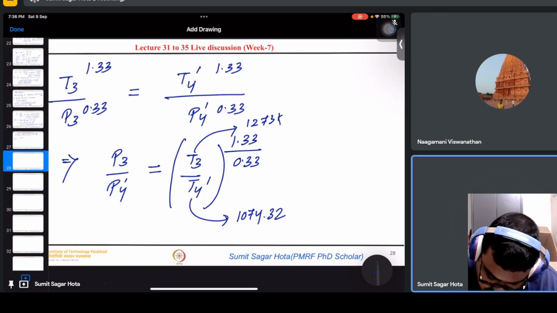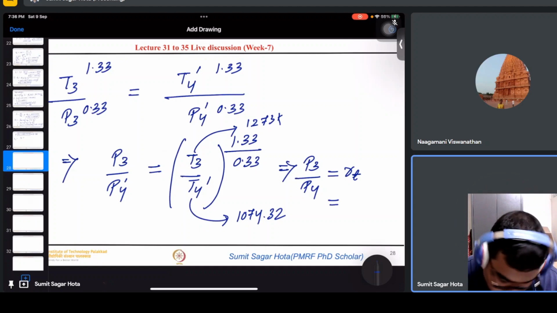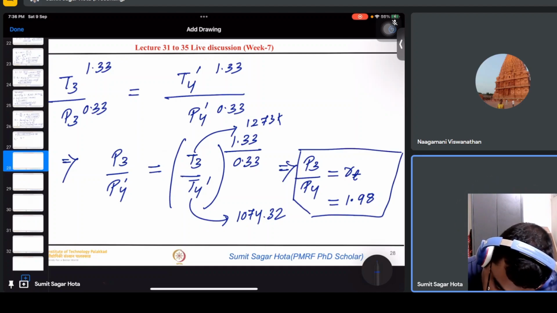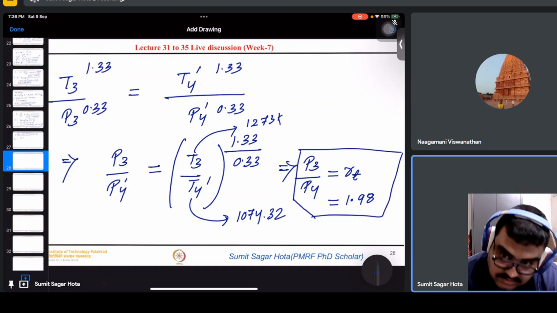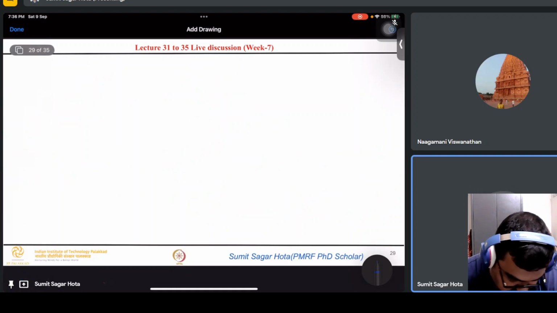Okay, if you substitute these values, you get P3 by P4 dash, which is the pressure ratio in the turbine, equal to 1.98. Okay, so now you know the pressure ratio in the turbine.